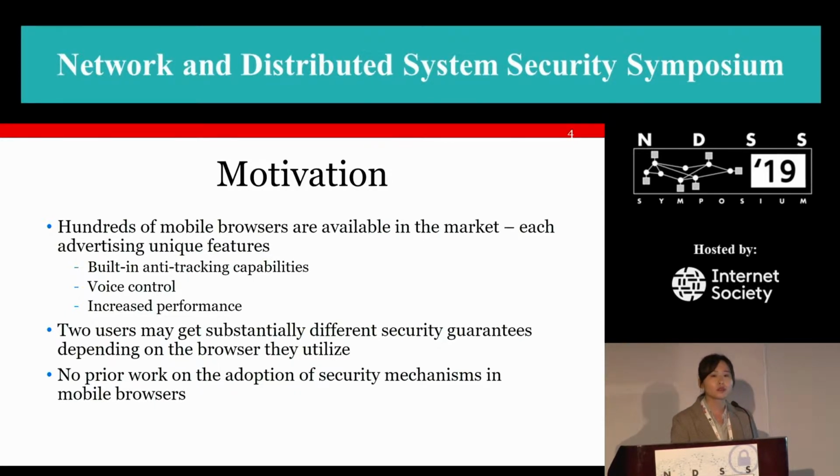Given so many browsers people can utilize, the security level of each browser might differ a lot. So two users may get substantially different security guarantees depending on the browser they utilize. However, no prior work focuses on capturing the security mechanism support in mobile browsers.